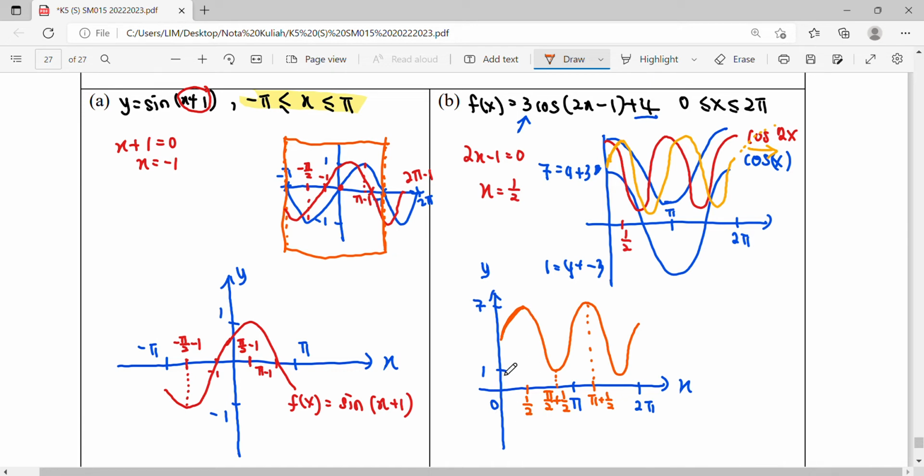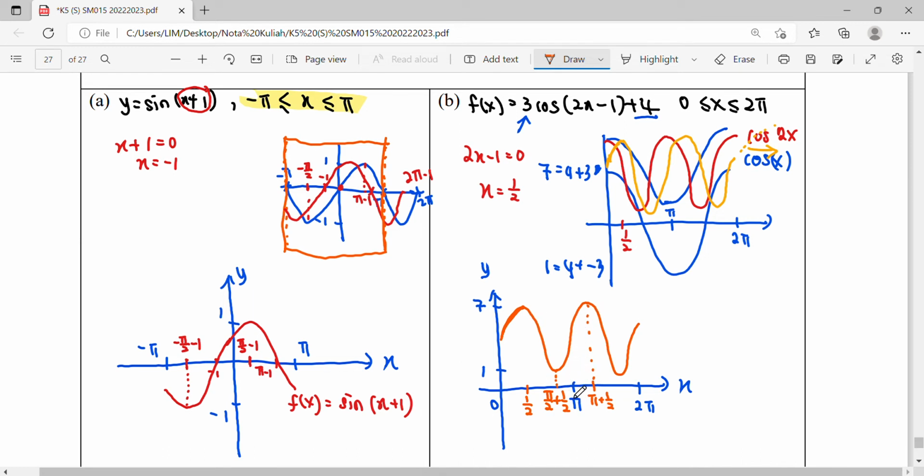You can see starting is 0. Now we're starting with plus 1 over 2. So becomes start with 1 over 2. So original here is pi over 2. Then when we move to the right hand side, the minimum value becomes pi over 2 plus 1 over 2. So then continue, ending should be at pi.